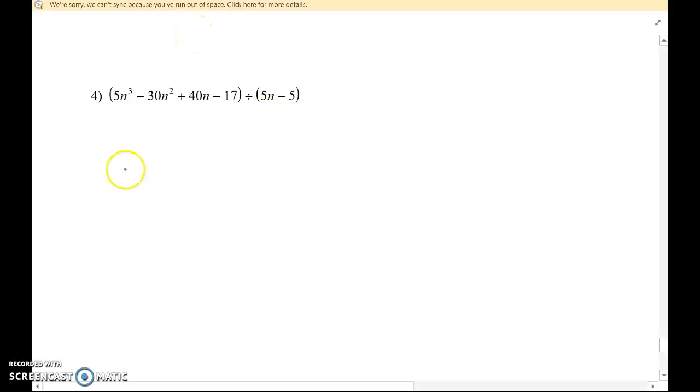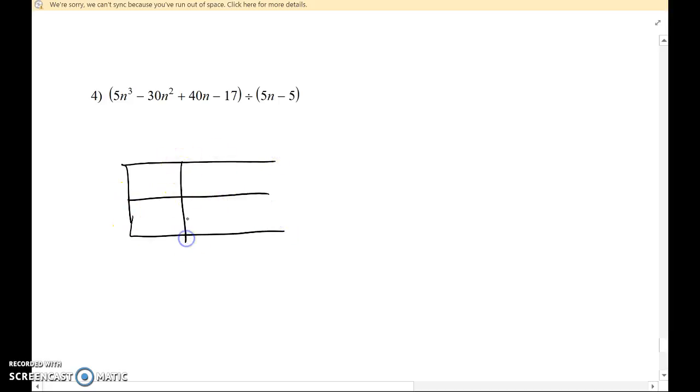All right, so again, we draw our box. We want to put our leading term, 5n cubed, in the front. We want to place our divisor on the side of the box. And then, again, 5n times what is 5n cubed? And it would be n squared. So we want to find our next term, which is negative 2n squared.